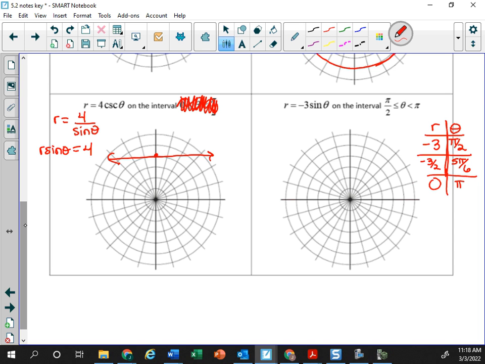You go left 3 down to pi over 2. Left 1.5 all the way around 5 pi over 6. And then 0 at pi. So do you guys see how that would be the right side of your circle? That's what you get out of that interval. Okay.